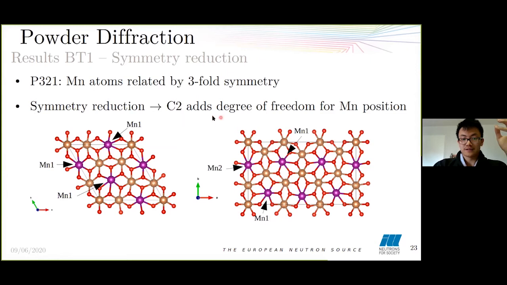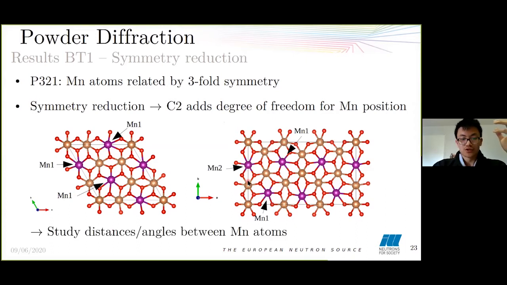This adds a degree of freedom for the Mn position, because here we will have 2 unequivalent Mn atoms whose positions we can refine. So this allows us to study the eventual evolution of distances and angles within the Mn triangle.